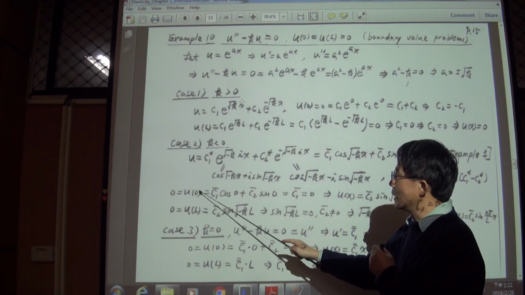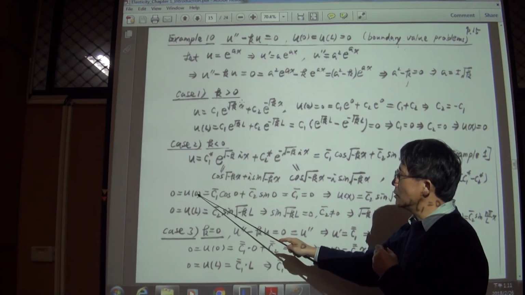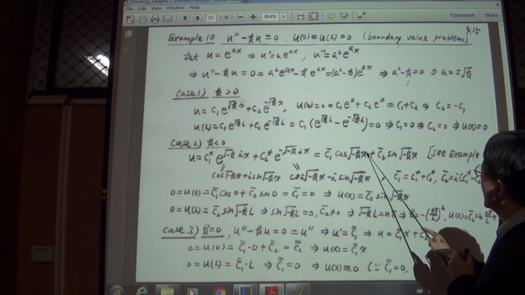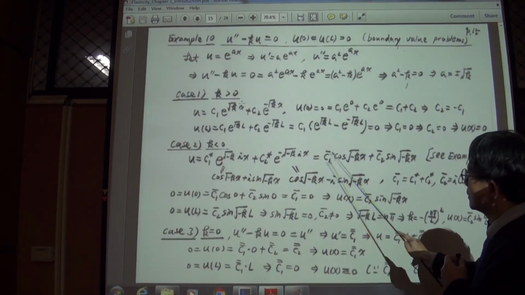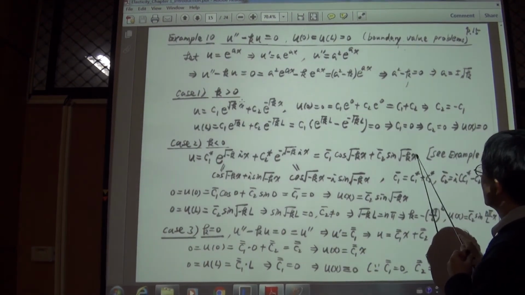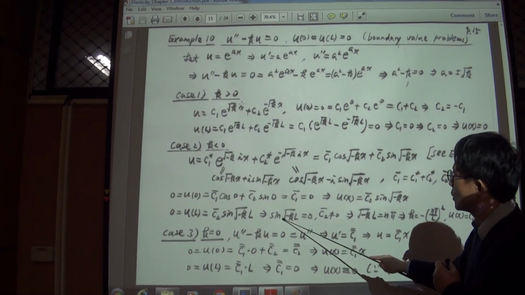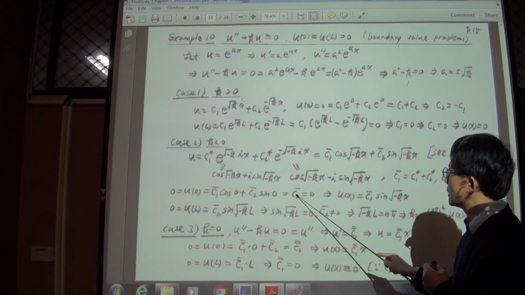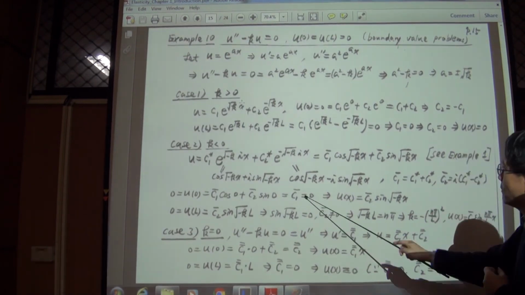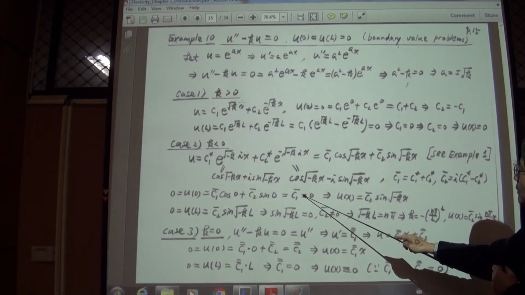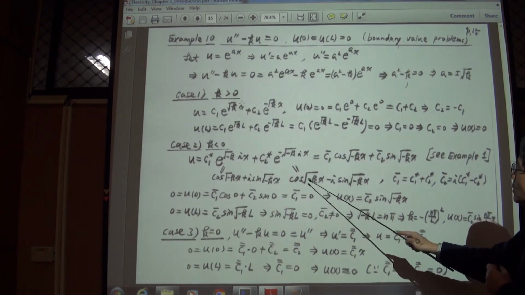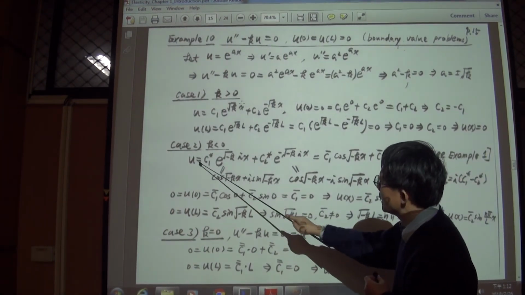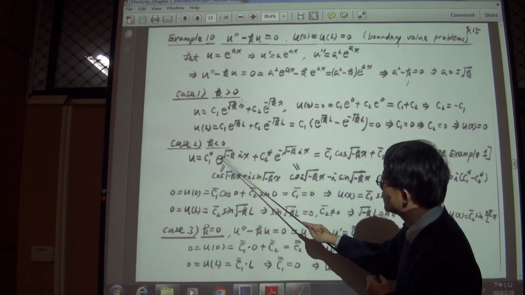Let's look at here. x equals 0, U equals 0. But x equals 0, we should put it here. This one equals 0, like this. And this one equals 0, like this. And this one drops out. This one equals 1. So 0 equals C1 bar. Okay? So C1 bar must equal 0. So in the function U, this one drops out.